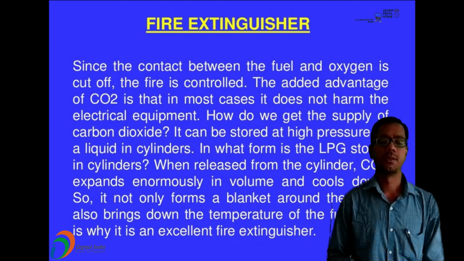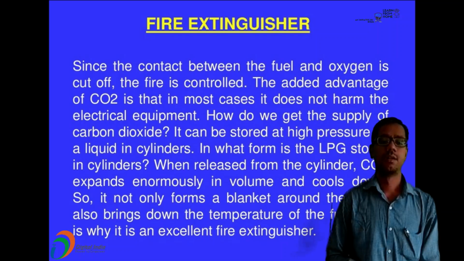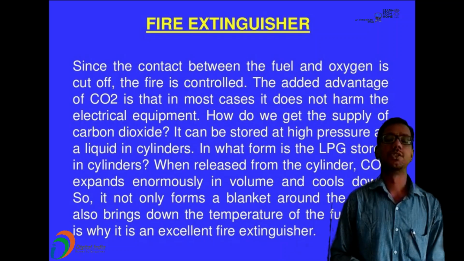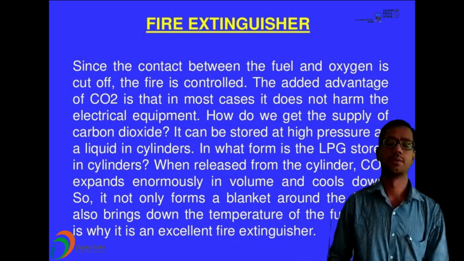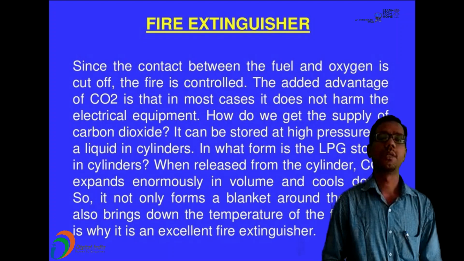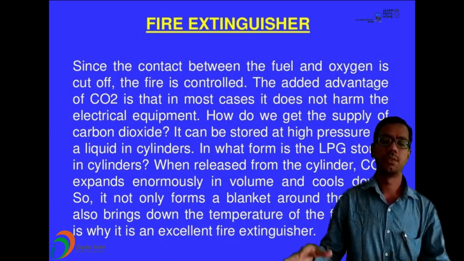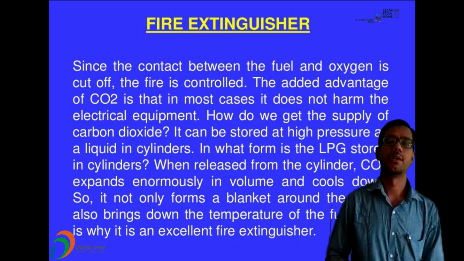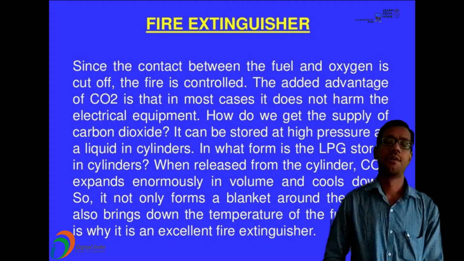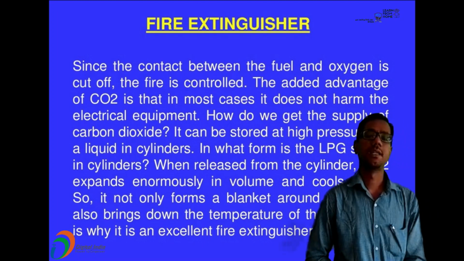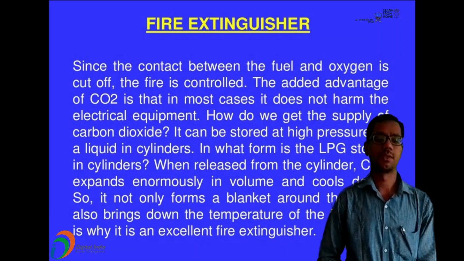under pressure. So what happens when we release the pressure from the cylinder? CO2 expands in a large amount. Due to the expansion, it cools down the temperature of the surroundings and decreases the ignition temperature, and at the same time, we know that it forms a blanket over the combustible substance.